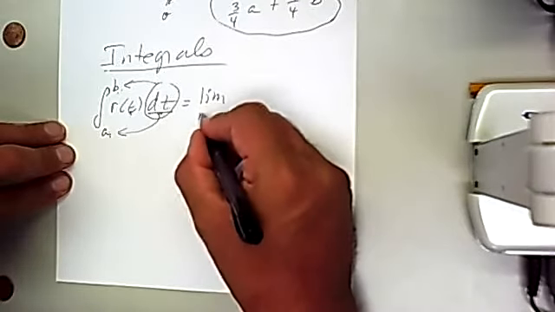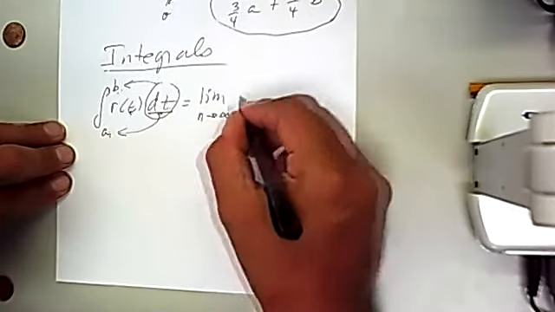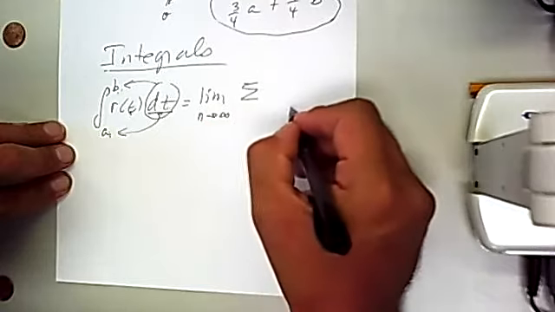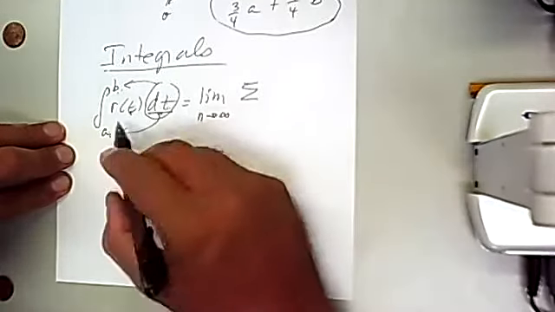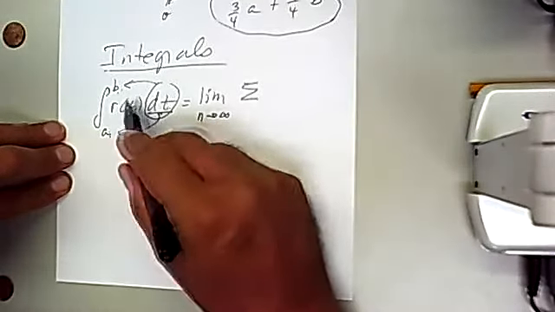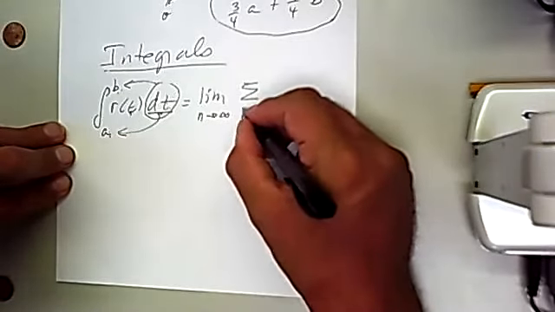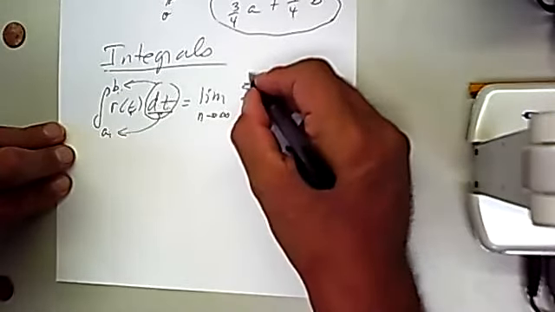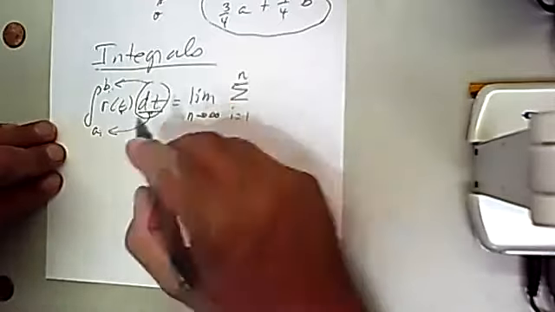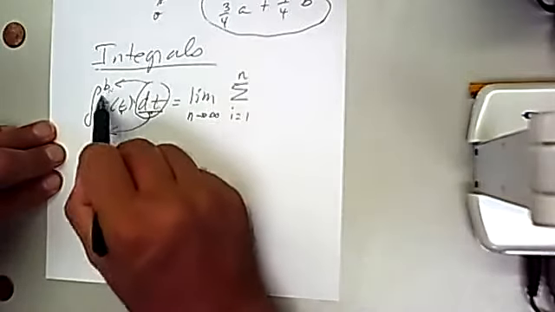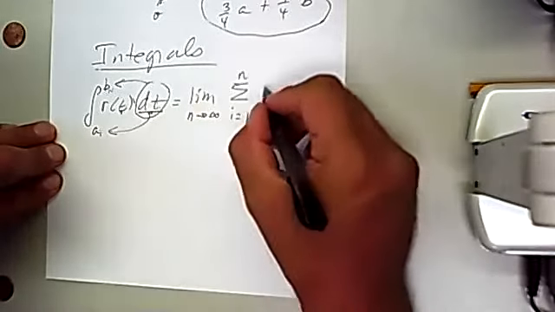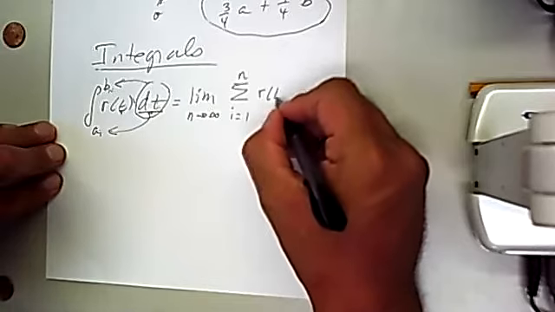So we can just say as n goes to infinity of the sum, a Riemann sum, although here we have a vector, but it's equivalent to a Riemann sum from i equals 1 to n.